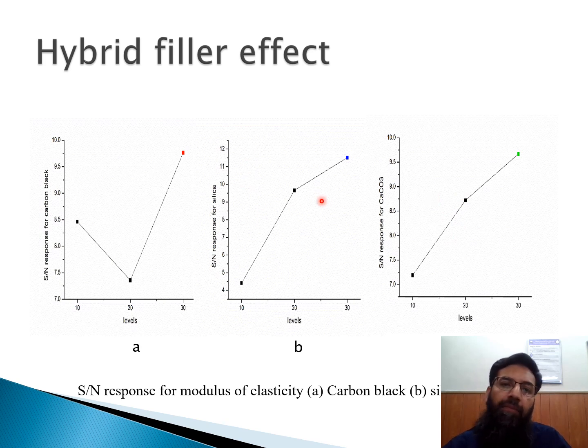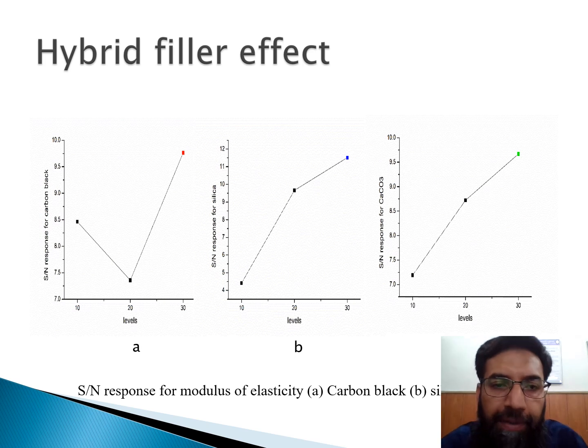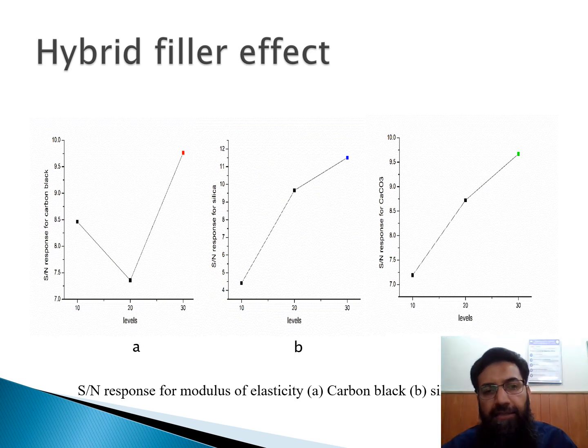But the maximum change in the moduli is obtained when we incorporate silica as the nanofiller. So out of all these three fillers, silica gives us the better increase in moduli as compared to the carbon black and the calcium carbonate.